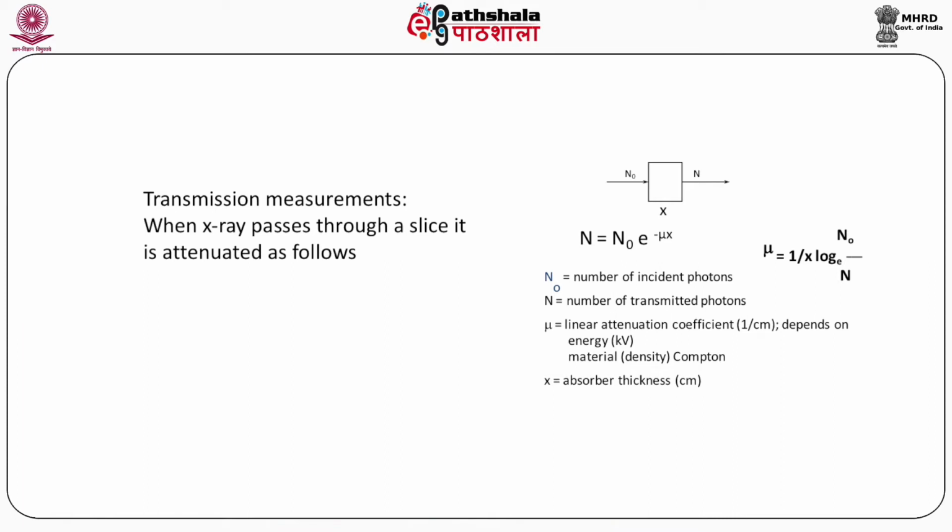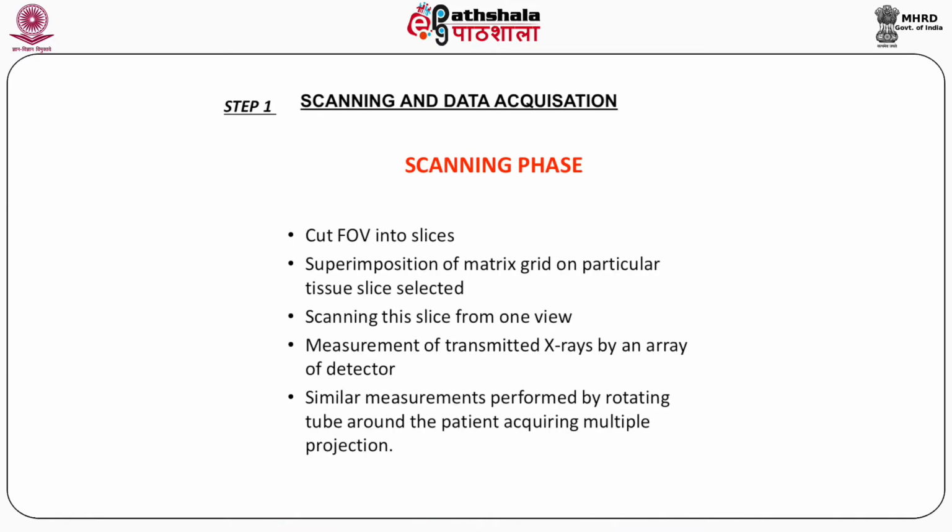So when one X-ray passes through a slice, it is attenuated as follows: mu is equal to 1 upon x, log to the base e N0 upon Nx. If there are two slices in the path of the beam, the same equation can be utilized, and therefore the sum of mu1 plus mu2 is equal to log e N0 upon Nx into 1 upon x, which is the thickness of the voxel.